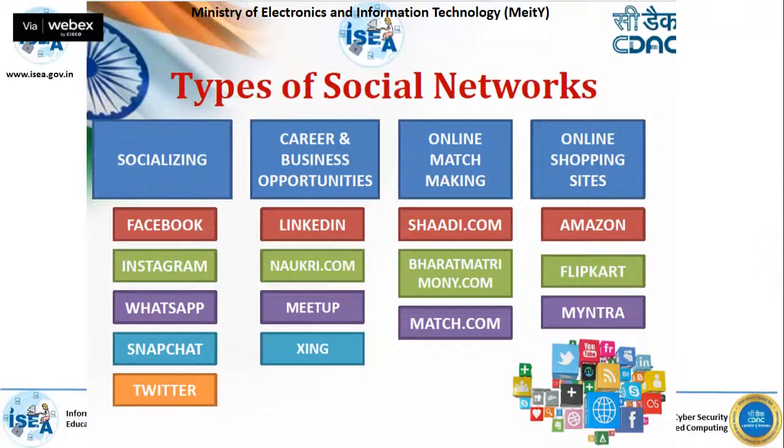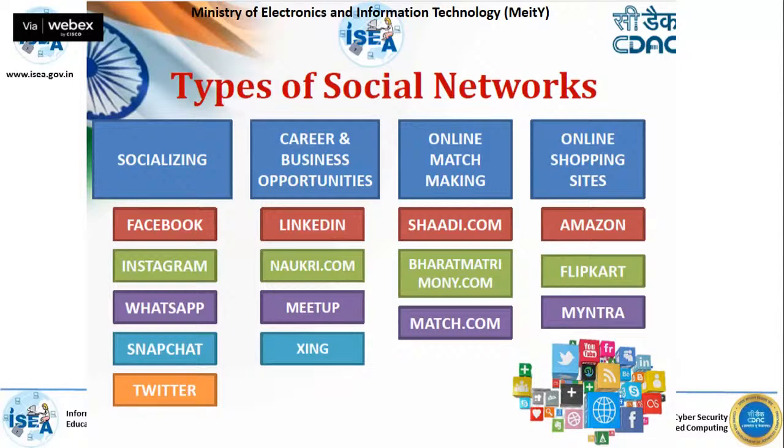These are the varieties and types of social networking platforms. There are so many platforms available, and we are discussing the popular and mostly used ones. There are socializing apps like Facebook, Insta, WhatsApp, etc. For career and business opportunities, if you want to build your career and you are on LinkedIn, like-minded people will come and talk, and they may utilize your services, or you can utilize theirs. On Naukri, you can post your resume.